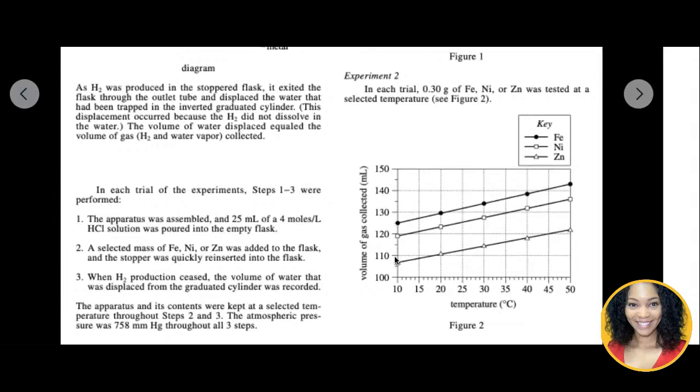And we have temperature 1. I know they're using temperature because they're marked right here. So I know it's 10 degrees, that's 1, 20 degrees, that's 2, 30 degrees, 3, 40 degrees, 4, 50 degrees, 5. So there were 5 temperatures tested in experiment 2.